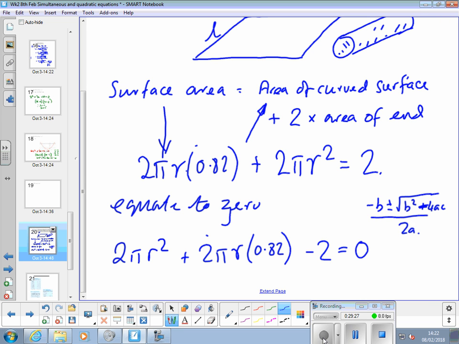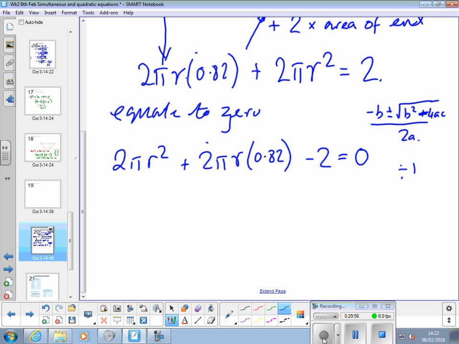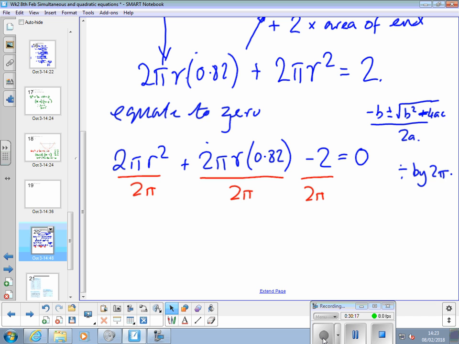I think we could do that into the formula. But if we do this, it still equals 0.